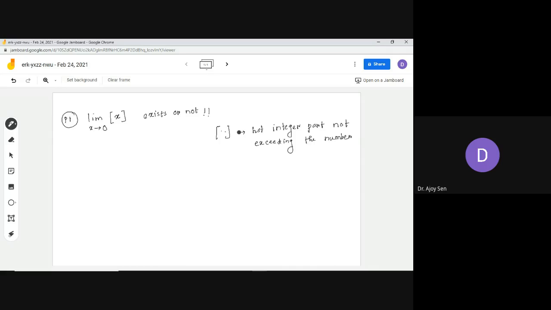Now the problem is: what is the limit of box x whenever x goes to 0? I'm giving you 5 minutes. Let's try; if not, I will help you. If you are able to do this on paper, take a picture and share it on the screen.